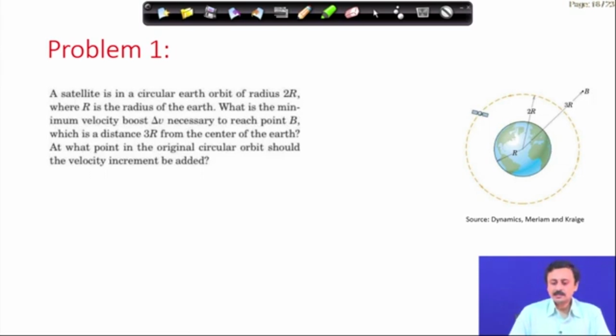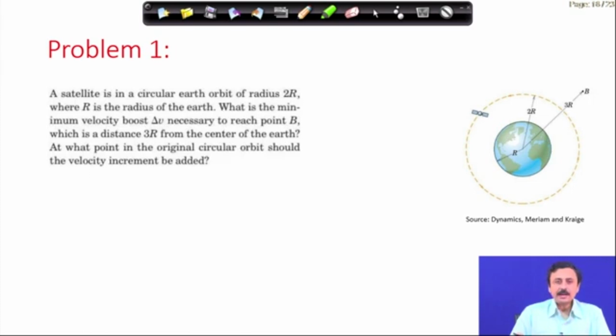The satellite is in a circular orbit, therefore, the radius of the orbit is already specified, it is 2r. You can find out the orbital speed. Now, the question arises, because it is asking the minimum energy boost that is required to reach that point B, when will I have the minimum energy boost?